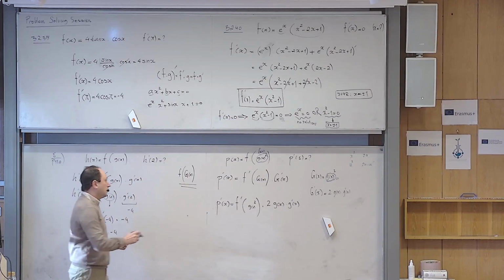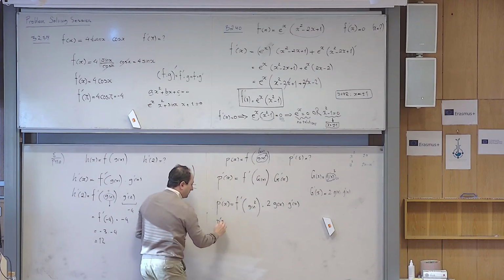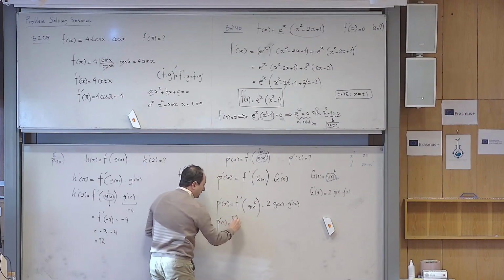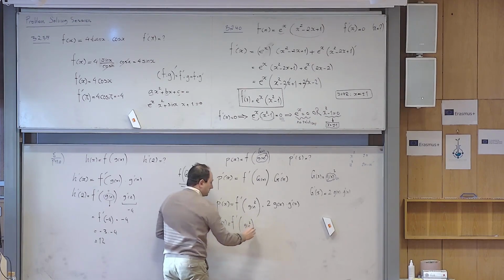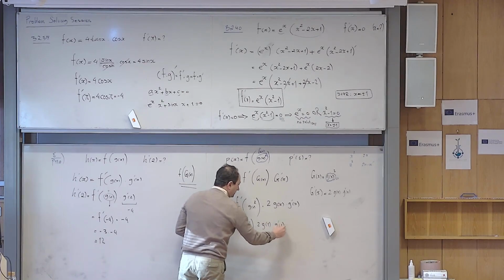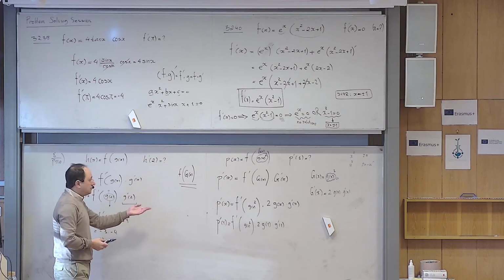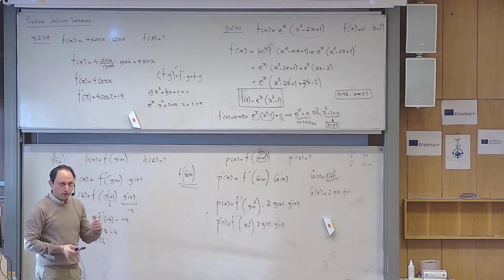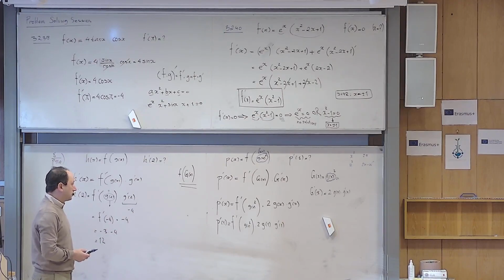Now I have to replace every x with 1. So p prime of 1 is f prime of g of 1 to power 2 times 2 times g of 1 times g prime of 1. So far I really don't even need to look at the picture because this is not something related to the picture. That is a generic argument.